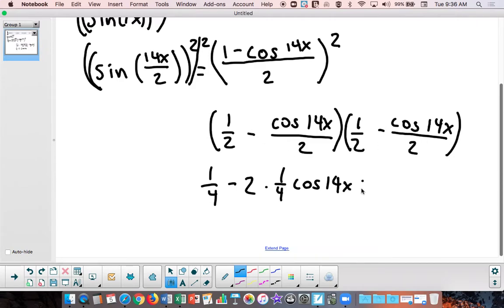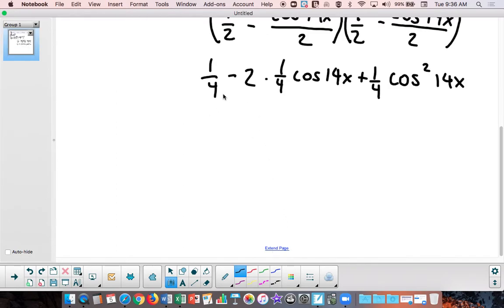Negative times a negative is positive, and it's 1/2 times 1/2, so 1/4 of cosine squared 14x. So this portion is kind of done. This one we should multiply out. So that's 1/4 minus 1/2 of cosine 14x. This portion shouldn't be touched anymore.